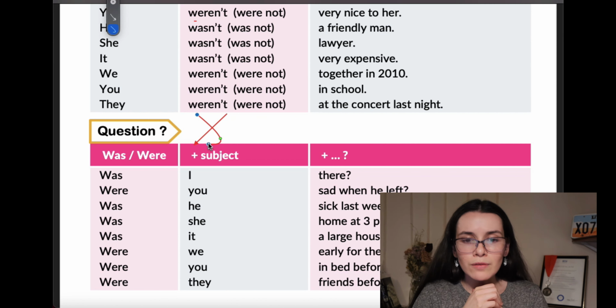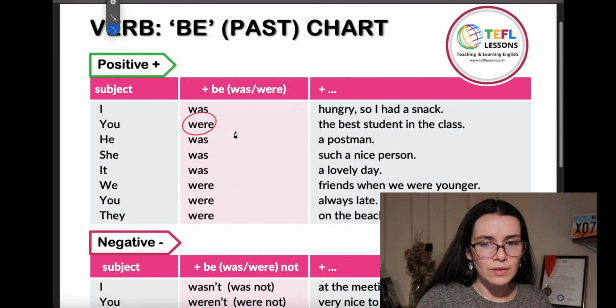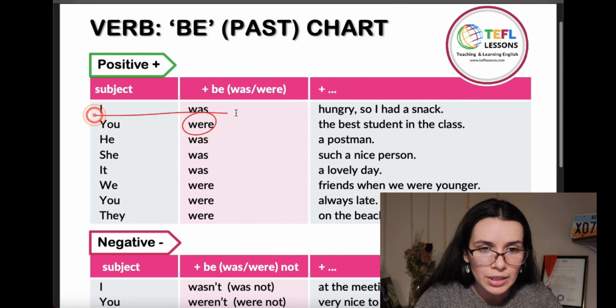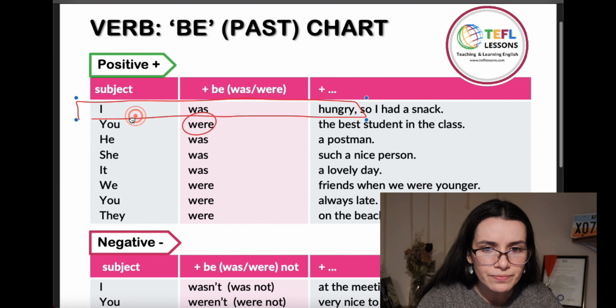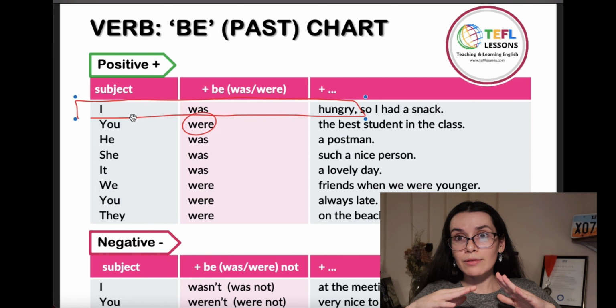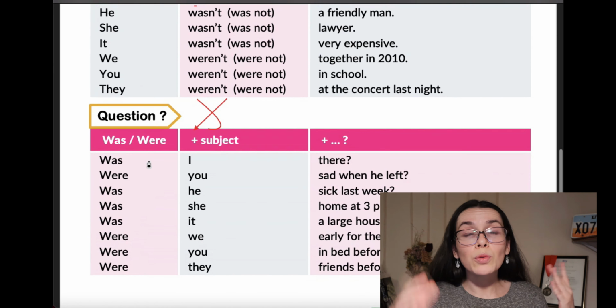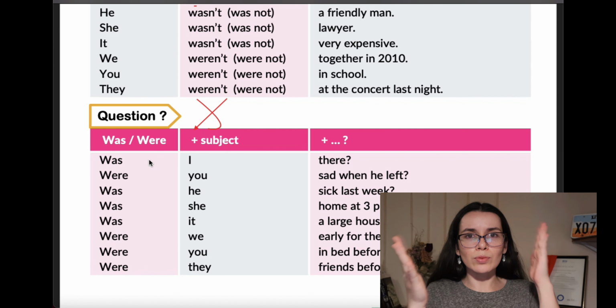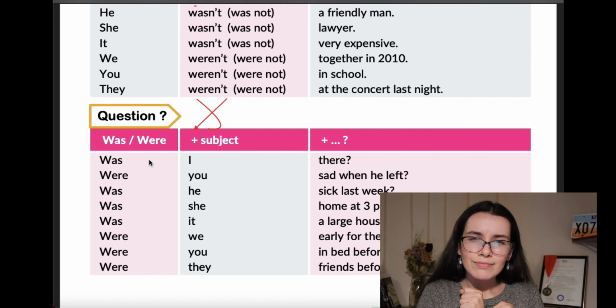So let's go into the positive, I was hungry. Now, in the negative, I wasn't hungry yesterday. And the question form, again, the X rule, was I hungry?